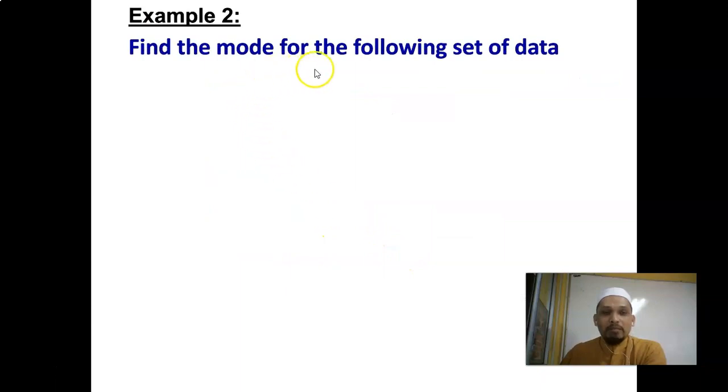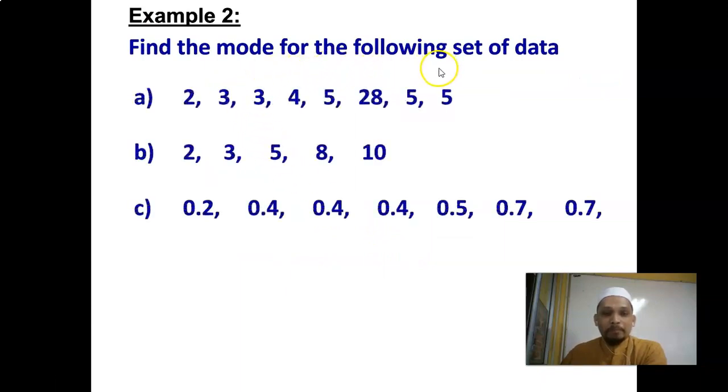Okay, find the mode of the following set of data. So the number that occurs most: 3 appears 2 times. 4, no, 5. 5 appears 3 times.